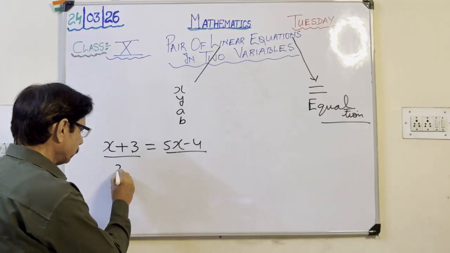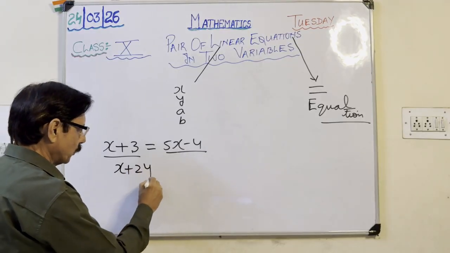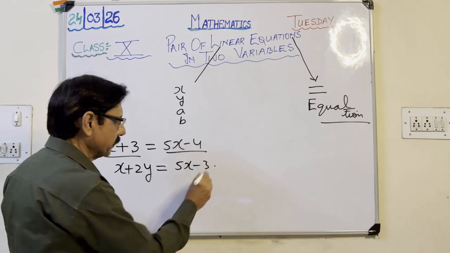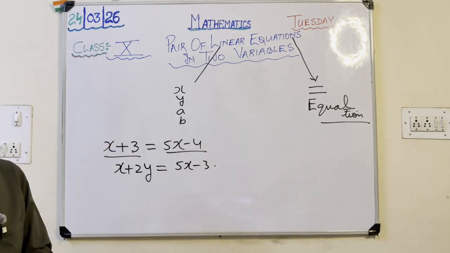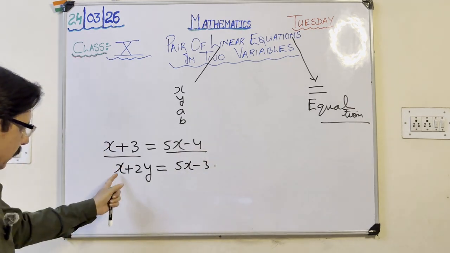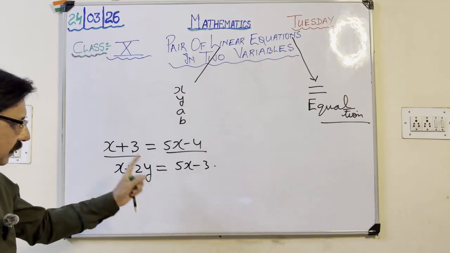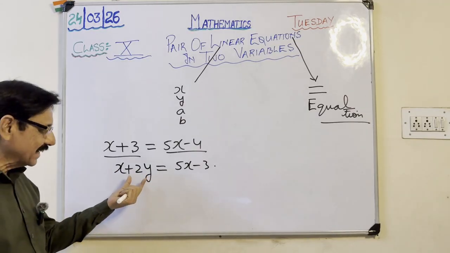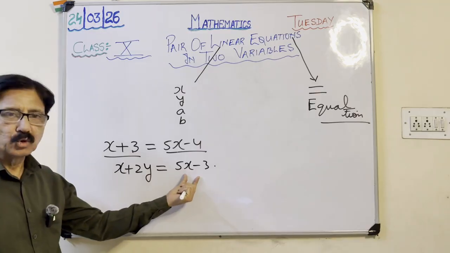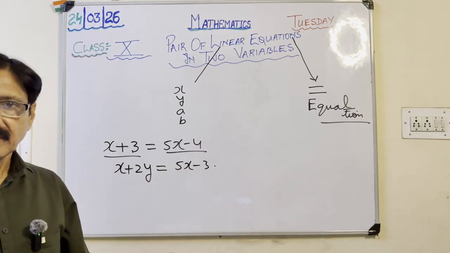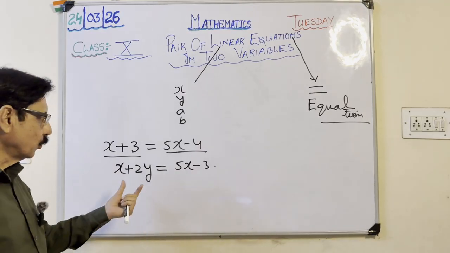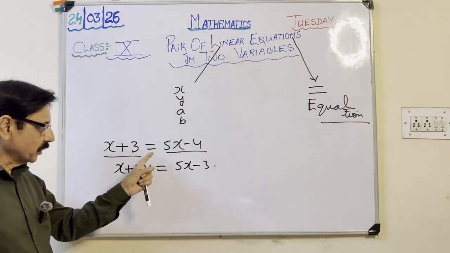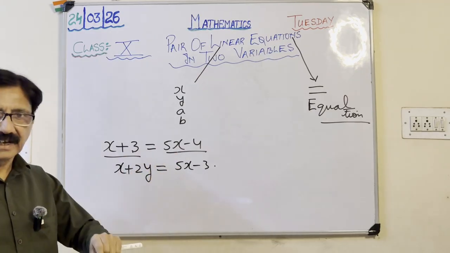Like if I write x plus 2y equals to 5x minus 3, here the two variables are x and y. So this is called a linear equation in two variables. This is also a linear equation because the sign of equality is there, so it is an equation.